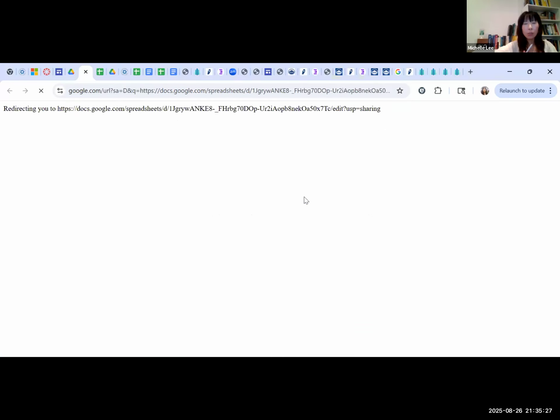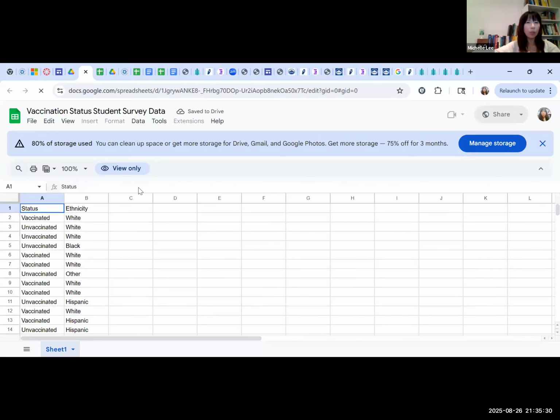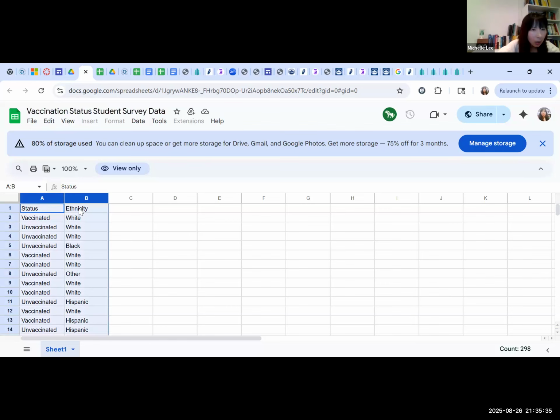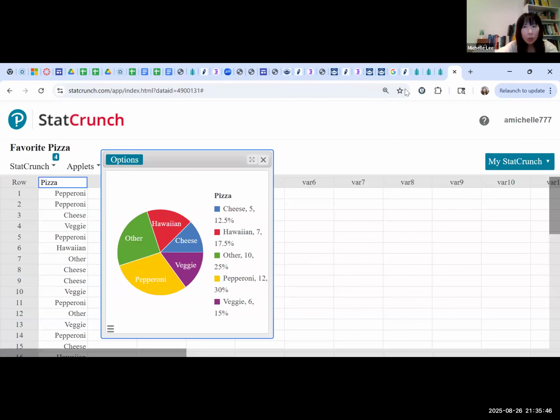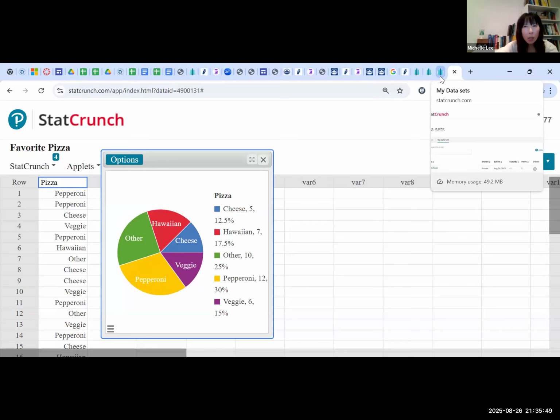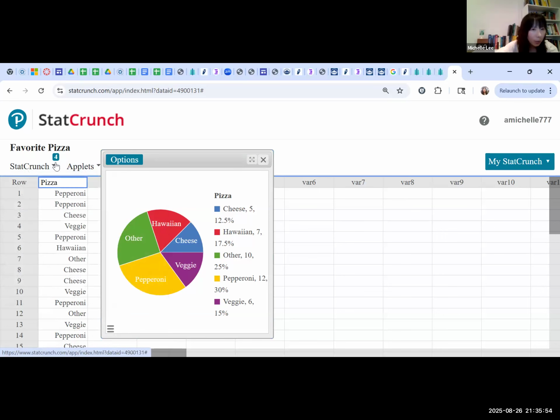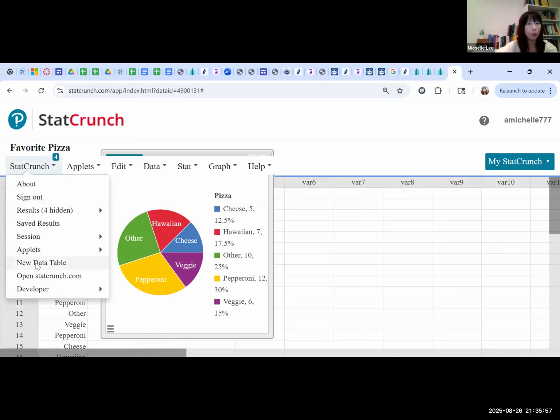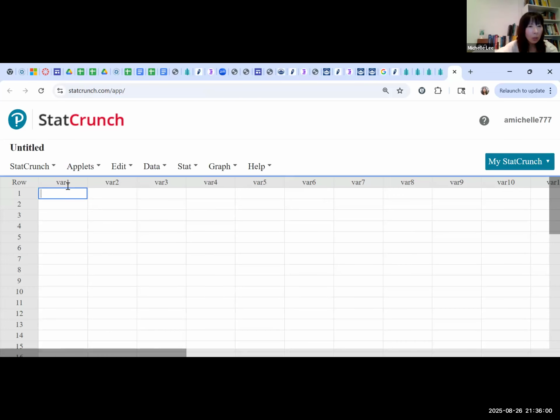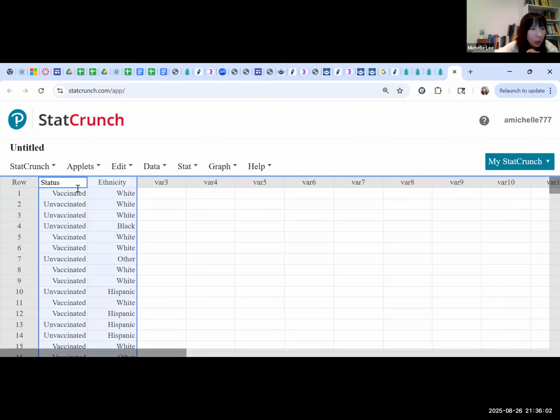So click here. We're gonna make a copy and paste into the second. Sorry, hold on a second. Control C. And then let's make an empty, right? So new data table and paste. Yeah, so copy and paste.